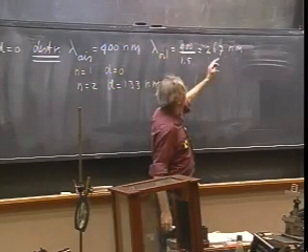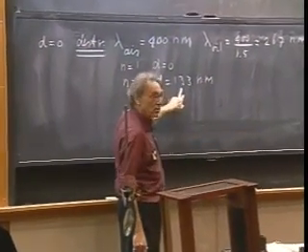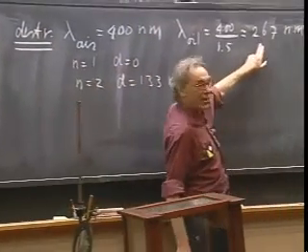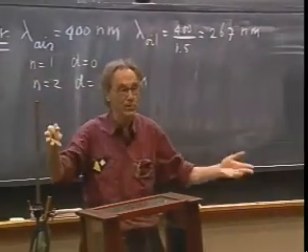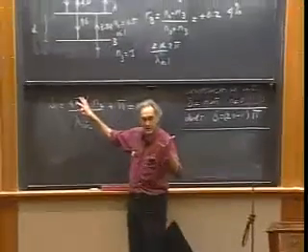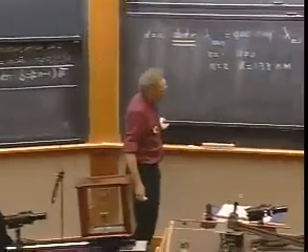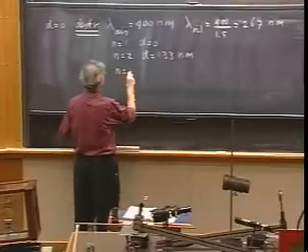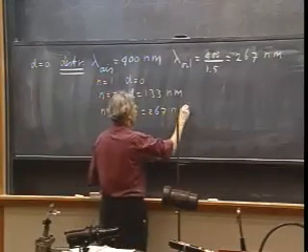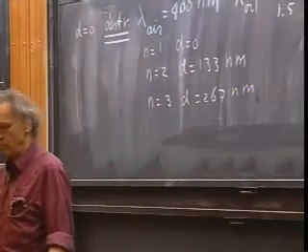Because if the wavelength of light in oil is 267, you have to travel this distance twice. And if you travel this distance twice, that is exactly one wavelength. And one wavelength corresponds to a phase angle of 2 pi. And so here you get 2 pi, and it's this pi that kills you, that gives you the darkness. And then n equals 3, you'll find that d is approximately 267 nanometers. So now 2d translates into 2 wavelengths.